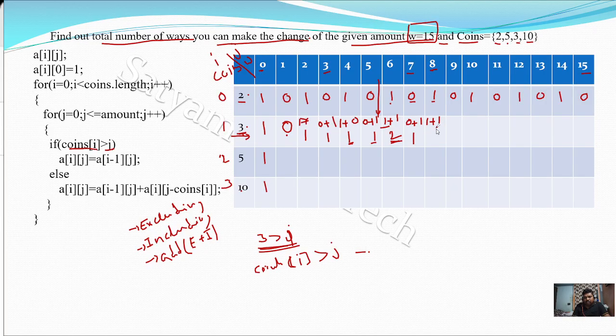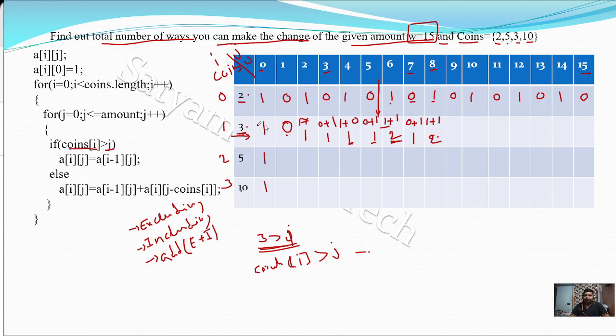So here you can take 1. So 1 plus 1, that is two ways. For example, you can see 2 plus 3, that is 5, 5 plus 3 is 8. And also another way is you can use only 2 rupee coins, that is four 2 rupee coins, that is one way. So that is two ways.